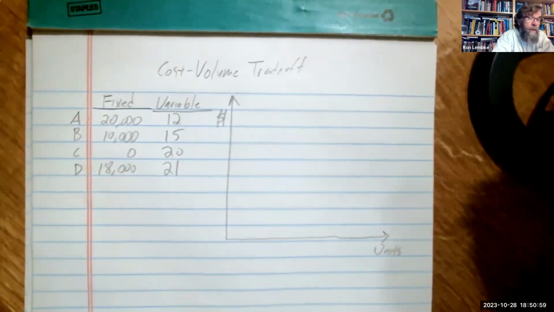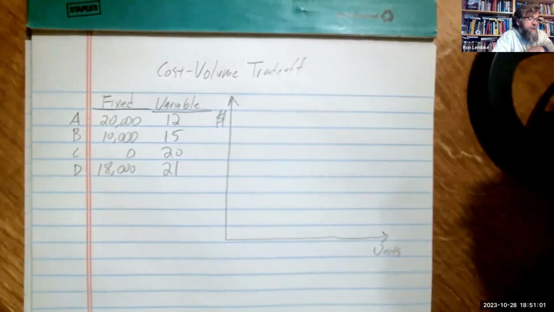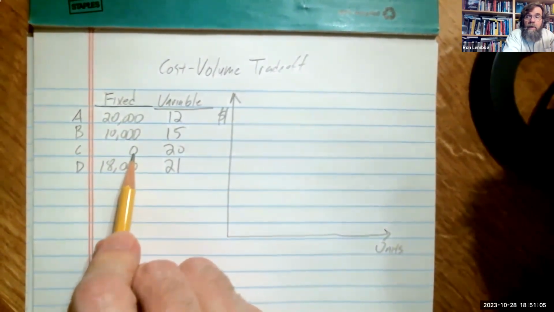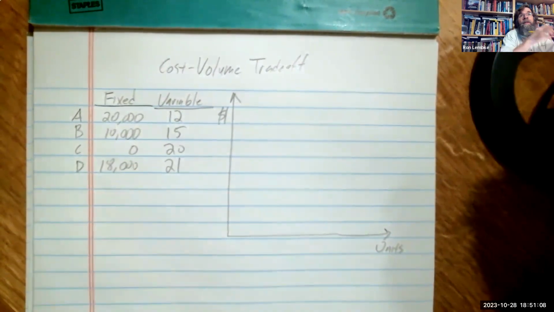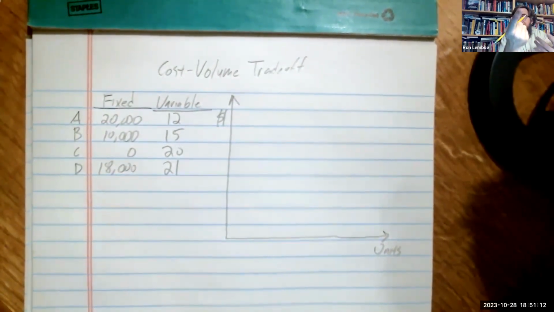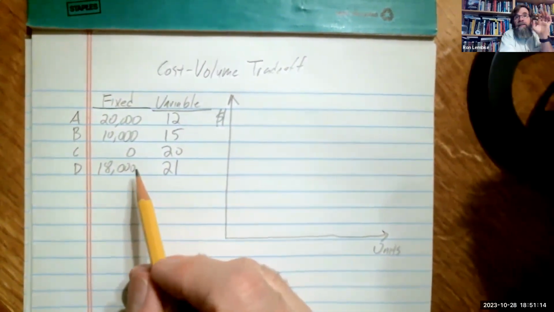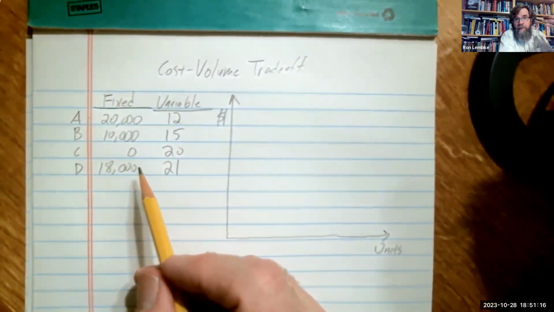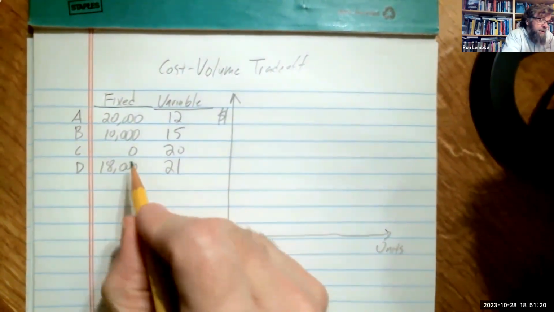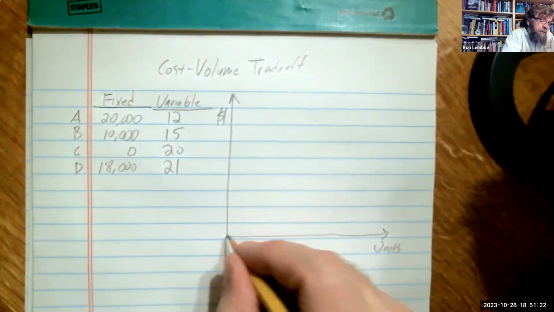So let's forge ahead. I'm going to start with C because it has no fixed cost. It's the lowest fixed cost. And if I only need one unit, the thing with the lowest fixed cost is the thing I know for sure I'm going to use if I have a very small need. So I'm going to start where the fixed cost here is $0.